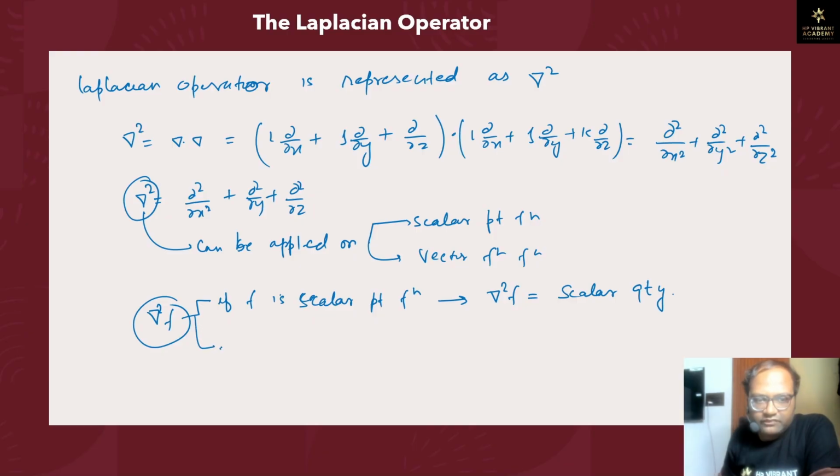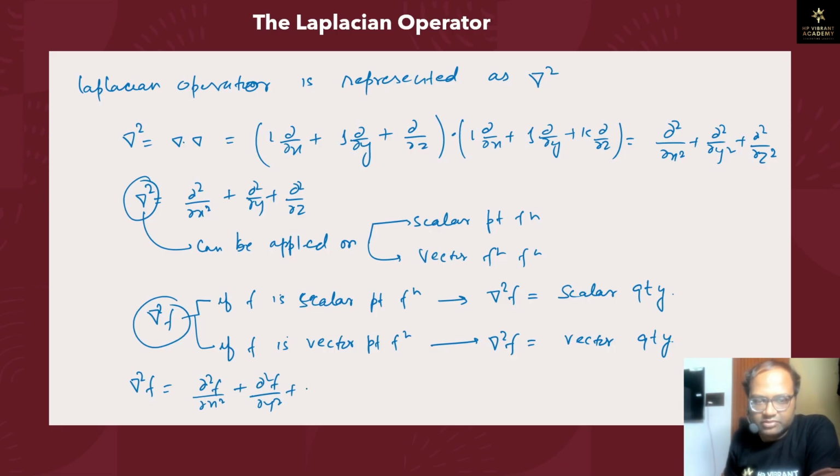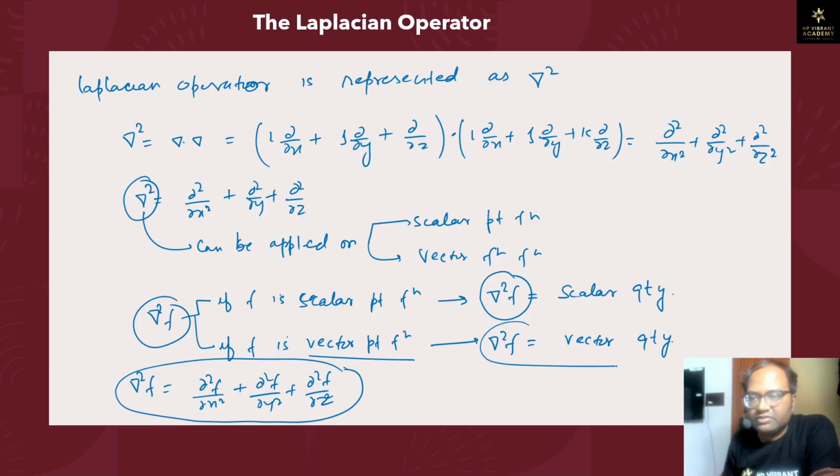And if f is a vector point function, then del square f is a vector quantity. So del square f we can write as del 2f upon del x square plus del 2f upon del y square plus del 2f upon del z square. So if f is a scalar point function, then del square f is a scalar quantity. If f is a vector point function, then del square f is a vector quantity.